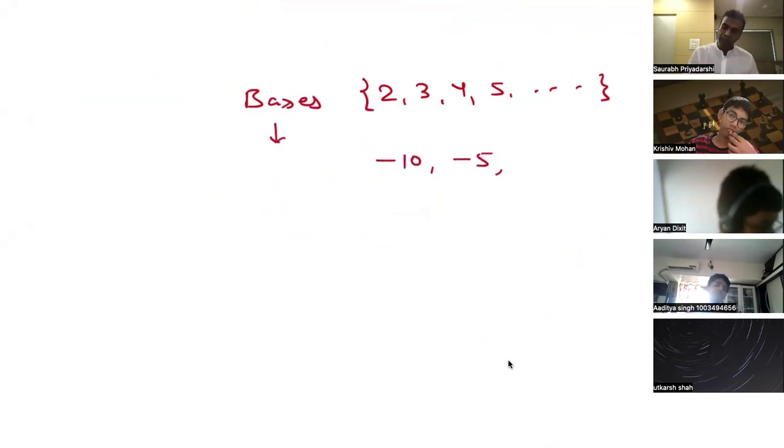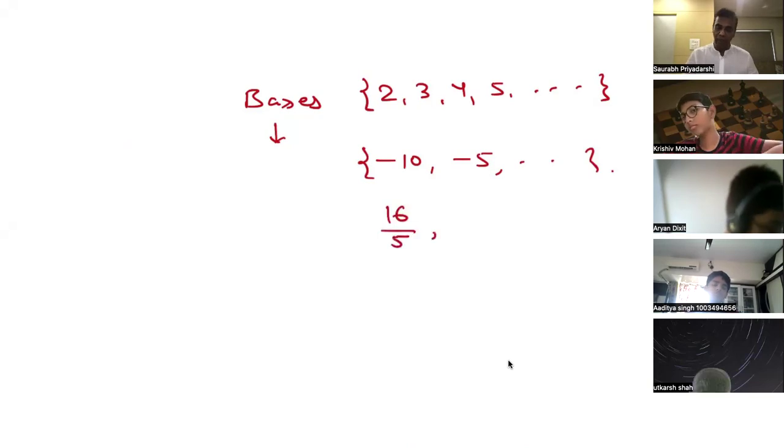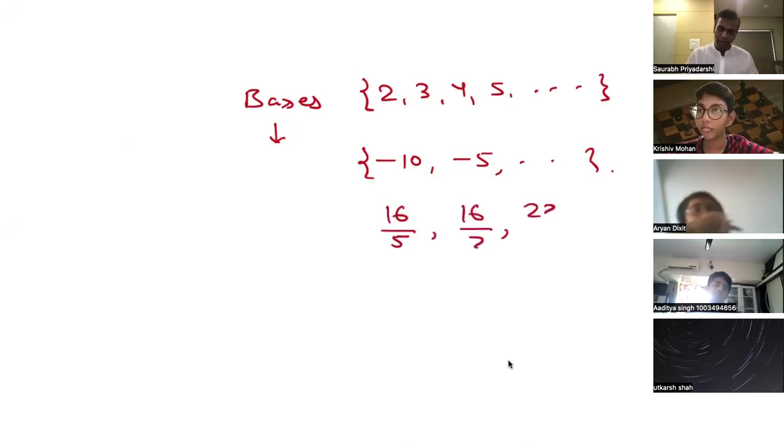I'm saying the bases could be -10, -5. Any negative number could be the base, or the basis will be 15 by 5, 16 by 7, 22 by 9, or so on, right?